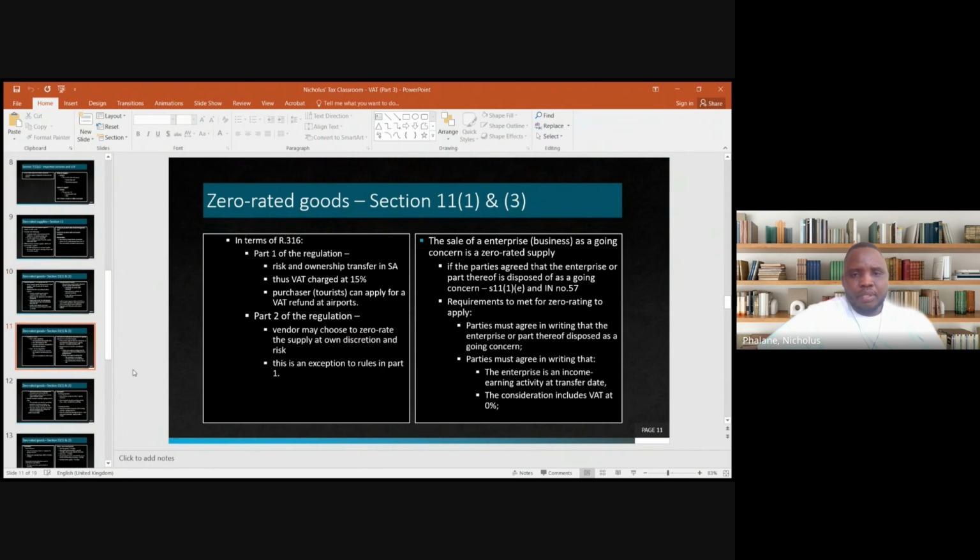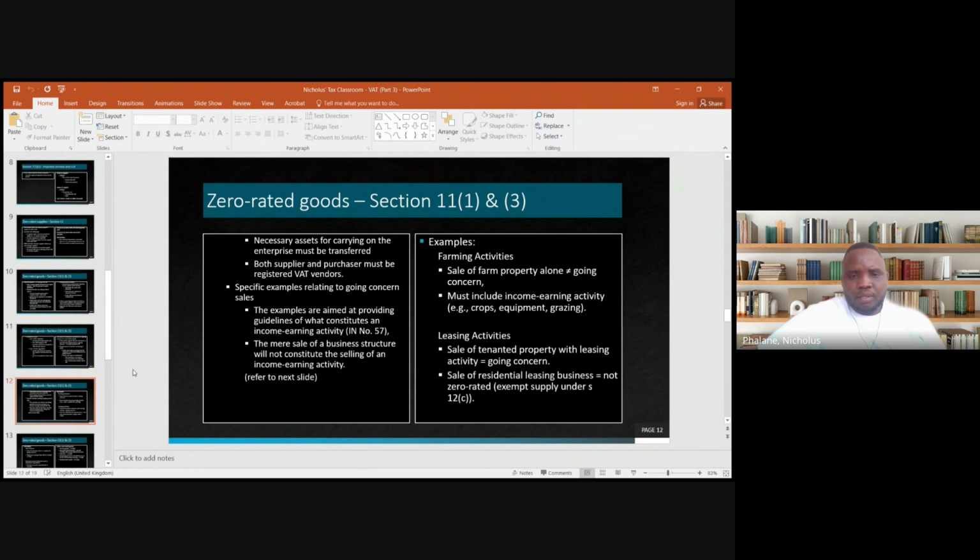Then the examples. Like I said, let's look at specific examples that are aimed at giving a guideline in terms of what constitutes an income earning activity, right? So these guidelines are there in interpretation note 57, right?